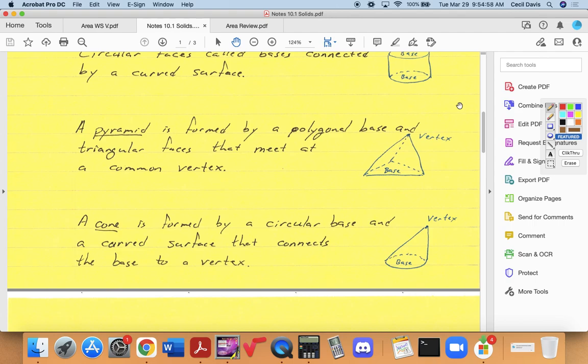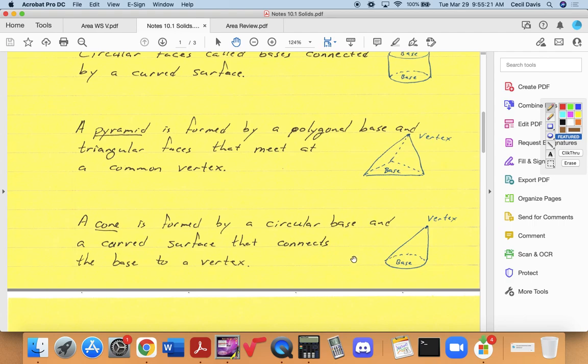It just has to be some kind of a polygon. It doesn't matter what. So again, if you have anything that's not a triangle in a pyramid, that's going to be your base. So you just have one base in a pyramid, and then everything else is a triangle that meets at a common vertex.